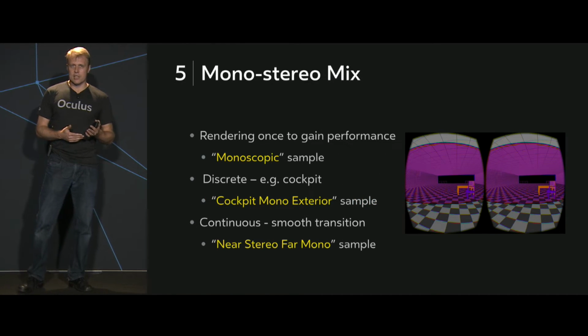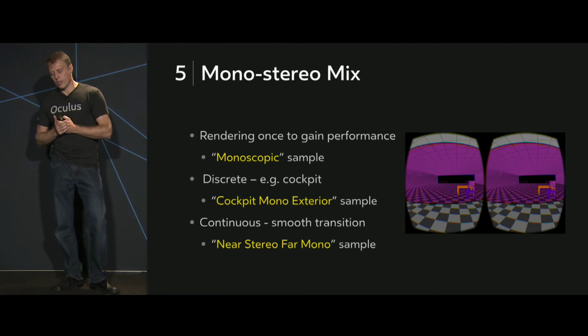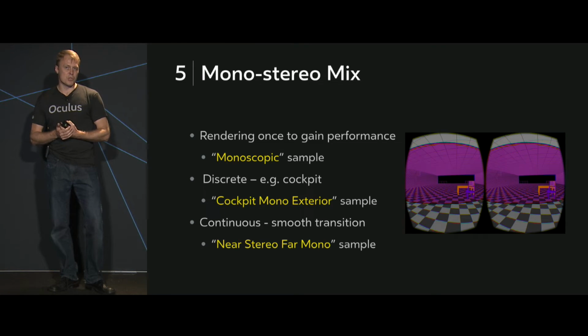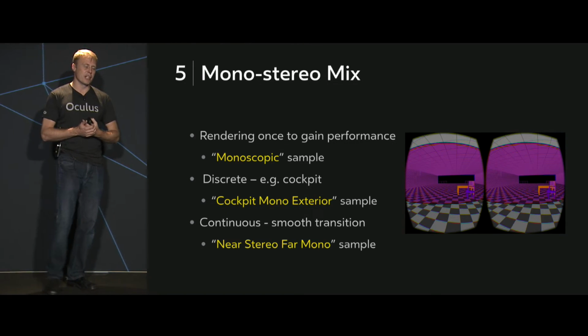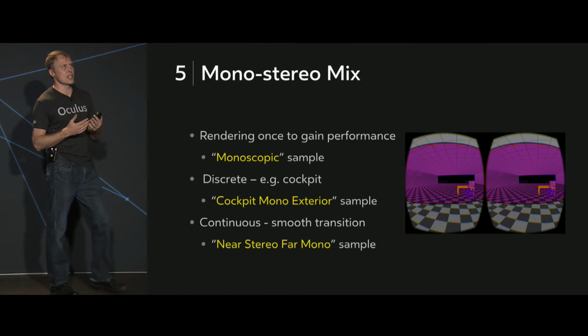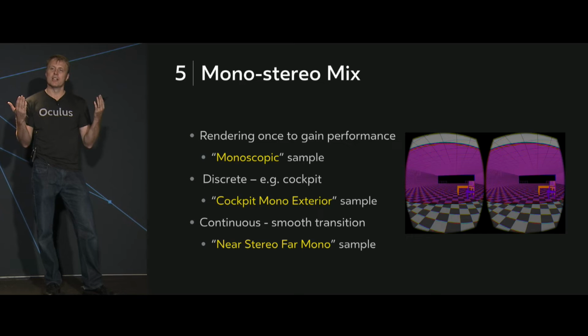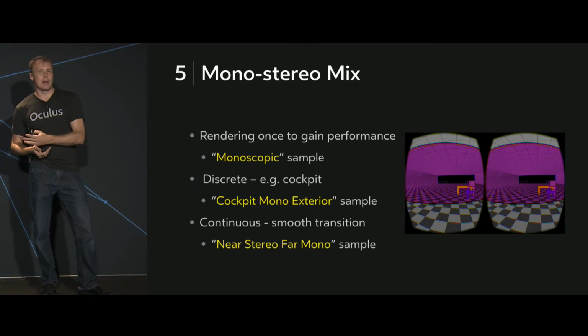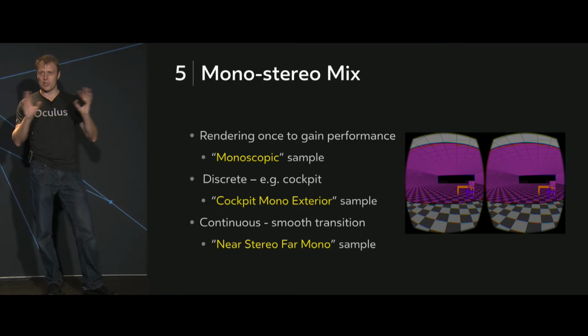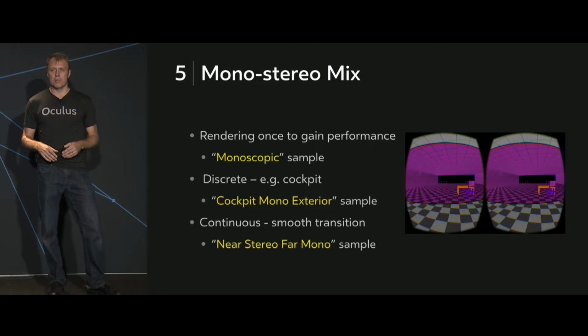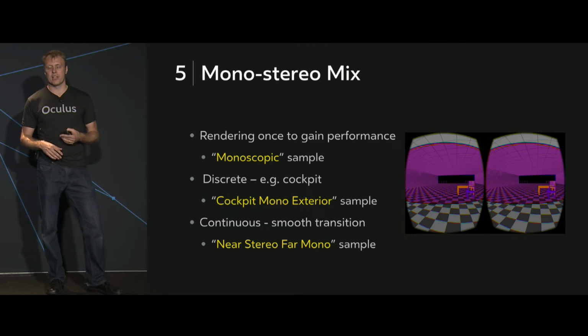Another very interesting technique, which we provide some samples for, is monoscopic rendering, where you only render 1 eye buffer and then you share it between the left and right eyes. Now, we're not advocating that you do a monoscopic application, because it's such a shame to not have that glorious 3D. We do provide a sample which shows monoscopic use of the SDK.